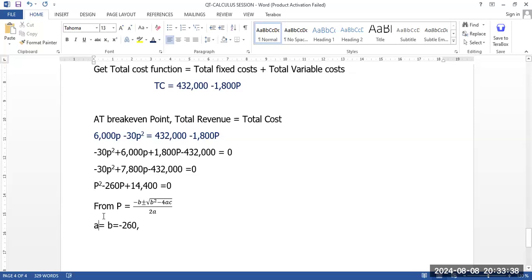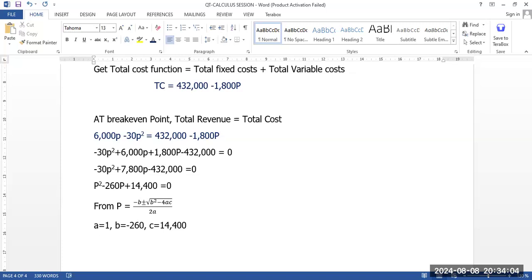Then B is the figure that is here, which is negative 260. Then C is the figure without a variable, which is positive 14,400. Kindly substitute in the formula and tell me.